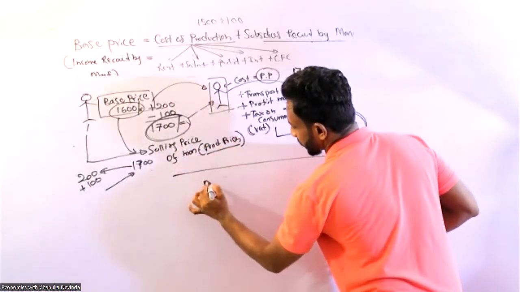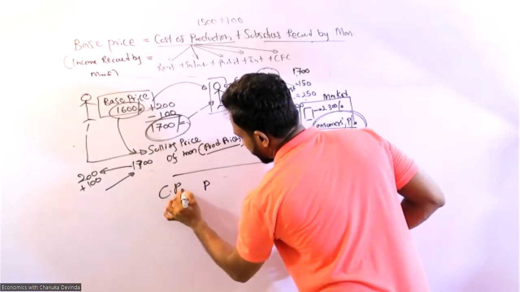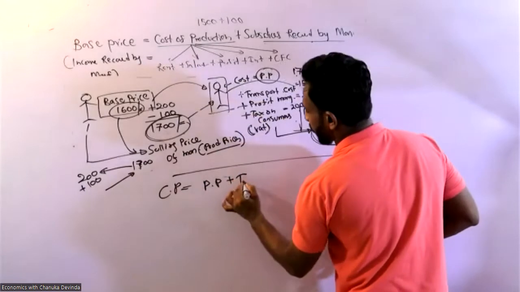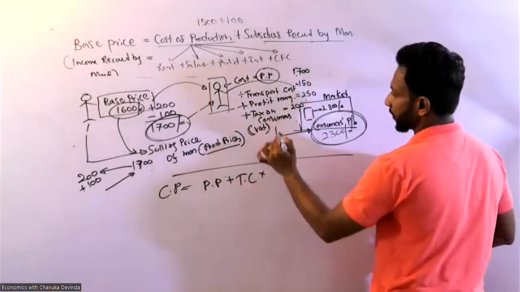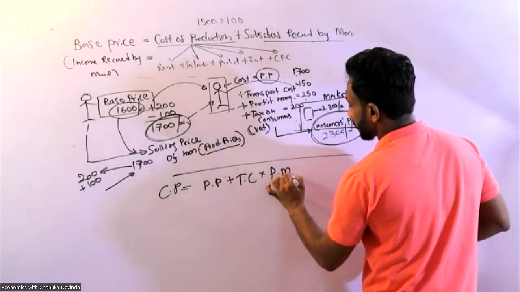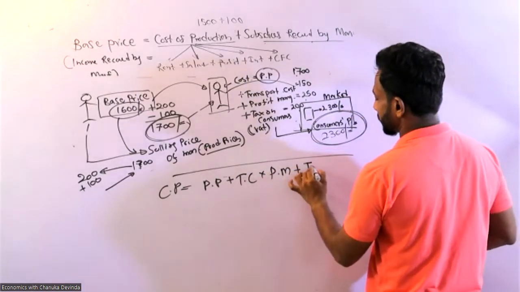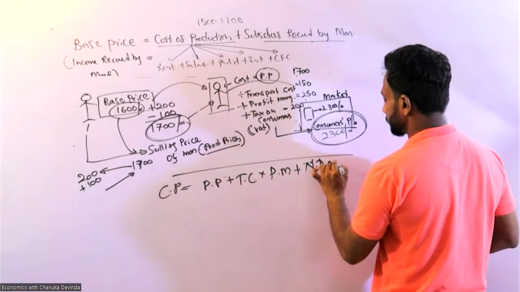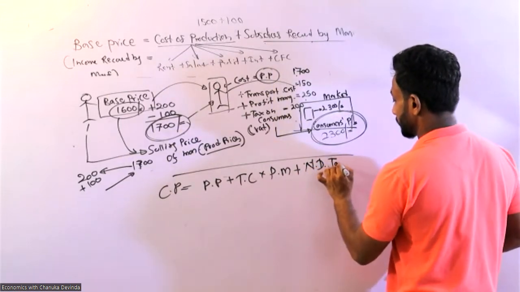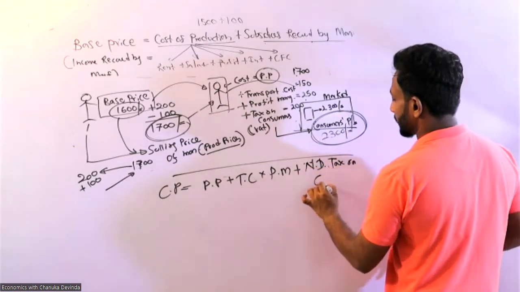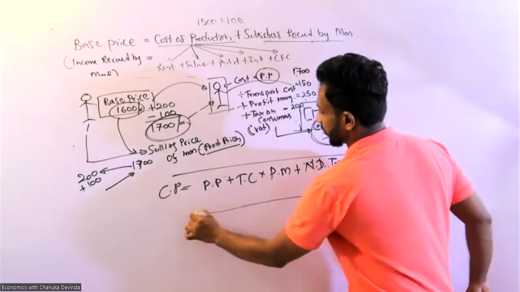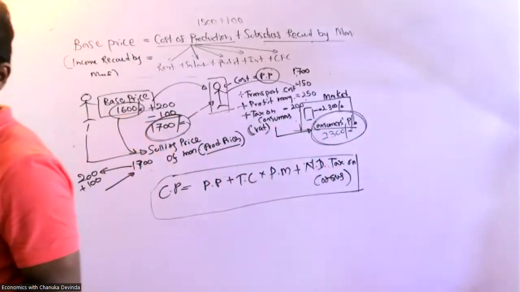So consumer price equals producer's price plus transport cost plus profit margin plus tax on consumers. Right.